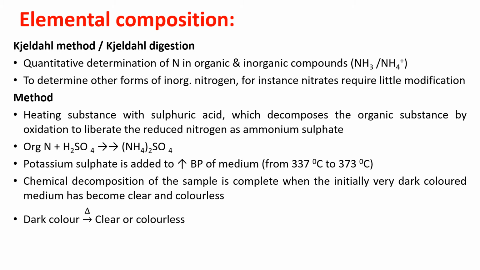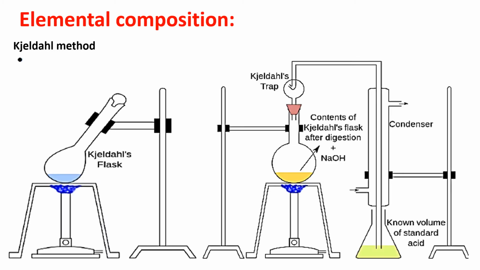So you can imagine a blue colored sample initially, and after complete combustion, it will get converted to clear or colorless or sometimes pale yellow color. This will indicate the completion of combustion. You can see here the first flask which is bluish in color before heating, and once you have completed heating, it gets converted to a yellow or colorless liquid.